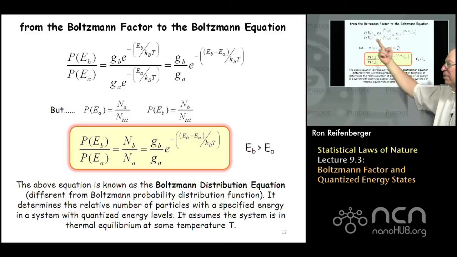If you're not interested in probabilities, if you're more interested in numbers, then you realize that the probabilities are related to the number of particles in energy level A divided by the total number of particles in the system.